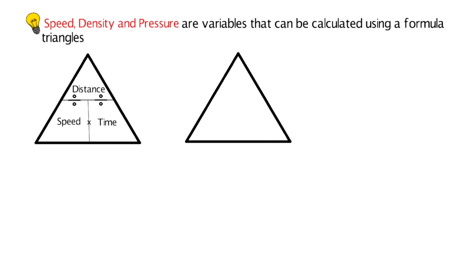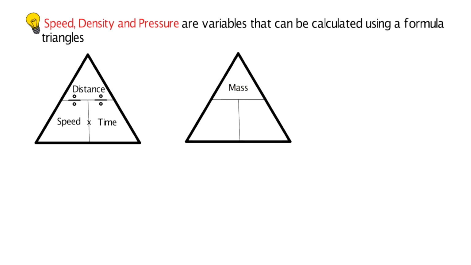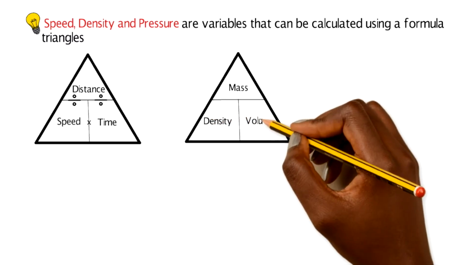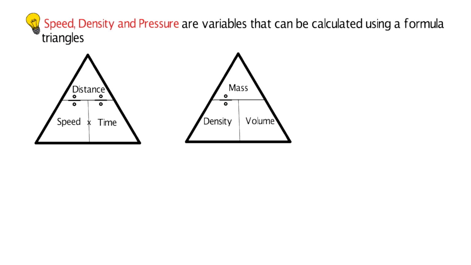The other formula triangle that we're going to go through is going to involve our mass, density, and our volume. Okay, so same thing here in the sense of horizontal line is division and the multiplying is the vertical sign.